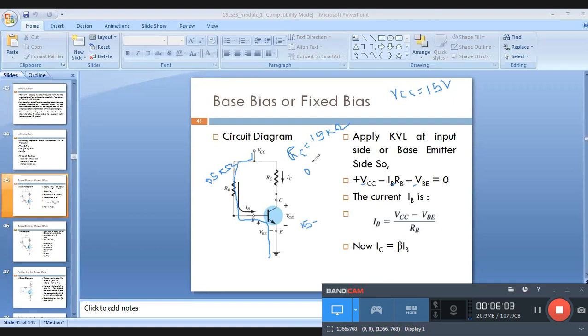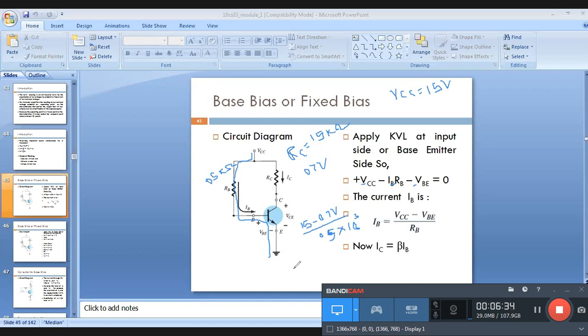You can write subtract 0.7 volts divided by RB. RB is how much? RB is 0.5 kilo ohm. K is nothing but 10 to the power of plus 3 or minus 3.